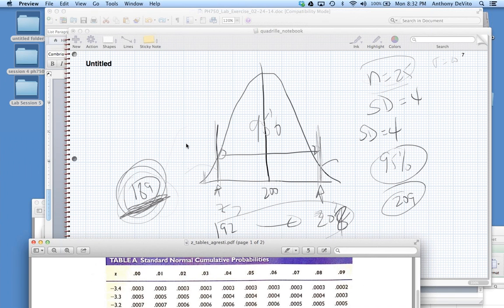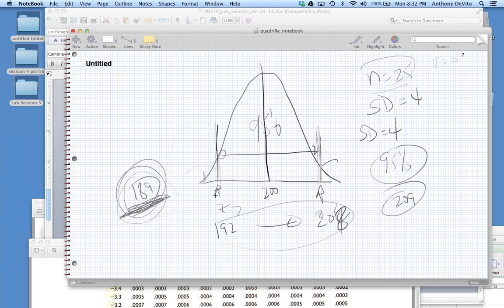Remember, the empirical formula is not the most accurate prediction. It's an estimate. Really, it's a z-score of negative 1.96.